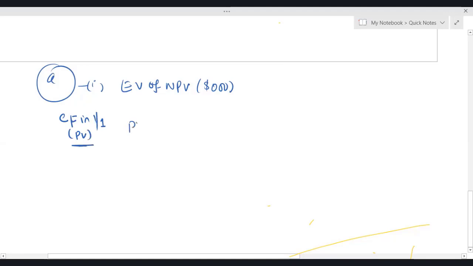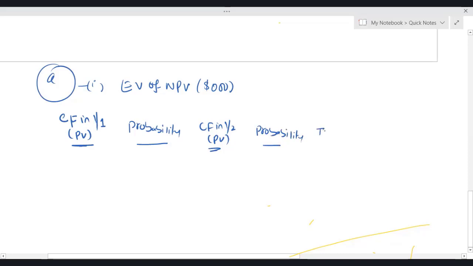Their probability. Then cash flow in year two, in present value terms, probability.